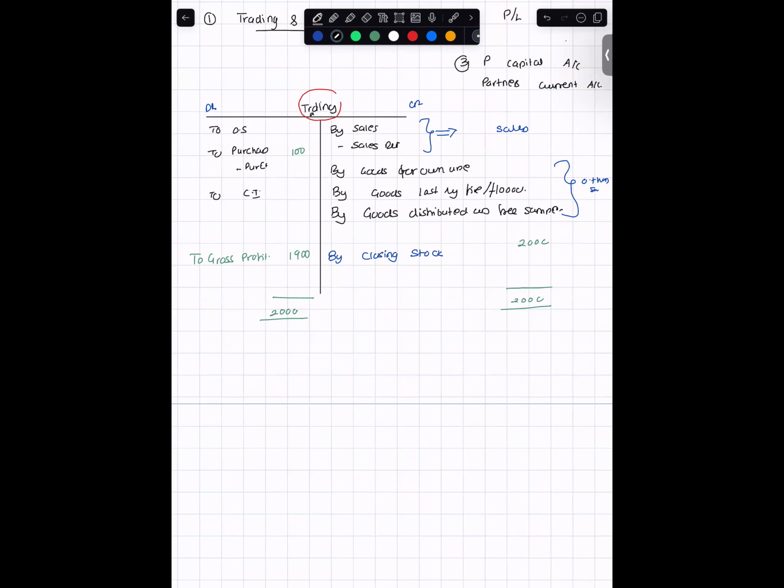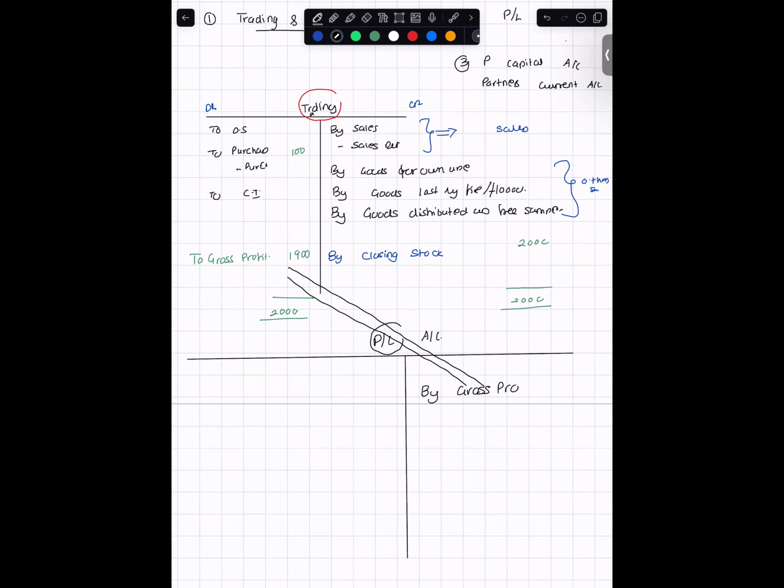This gross profit is taken ahead to an account which is called the profit or loss account. Profit or loss account brings down this gross profit over here. So this becomes by gross profit brought down. Profit and loss account is of the nature of a nominal account.